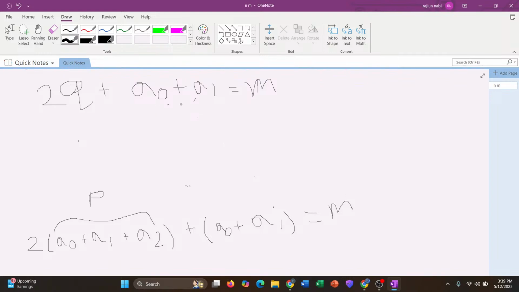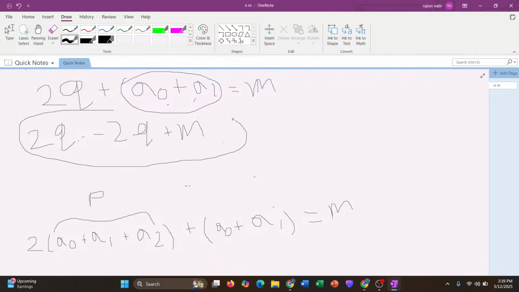Then we can write it down like this. This will be equal to minus 2q plus m, right? So this whole equation will be equal to m. So it satisfies the condition.